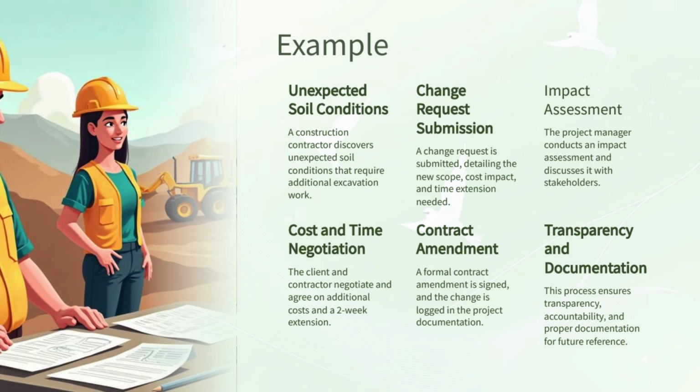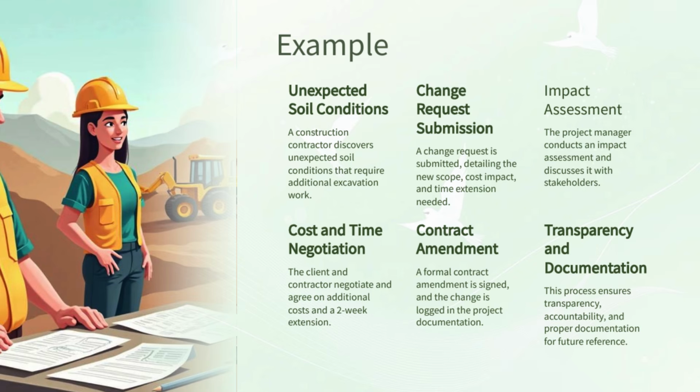During execution, the team discovers that the soil conditions are much worse than expected. The ground is softer and less stable, which means the contractor needs to do additional excavation and reinforcement to ensure safety. So this extra work will take more time and cost more money than originally planned.